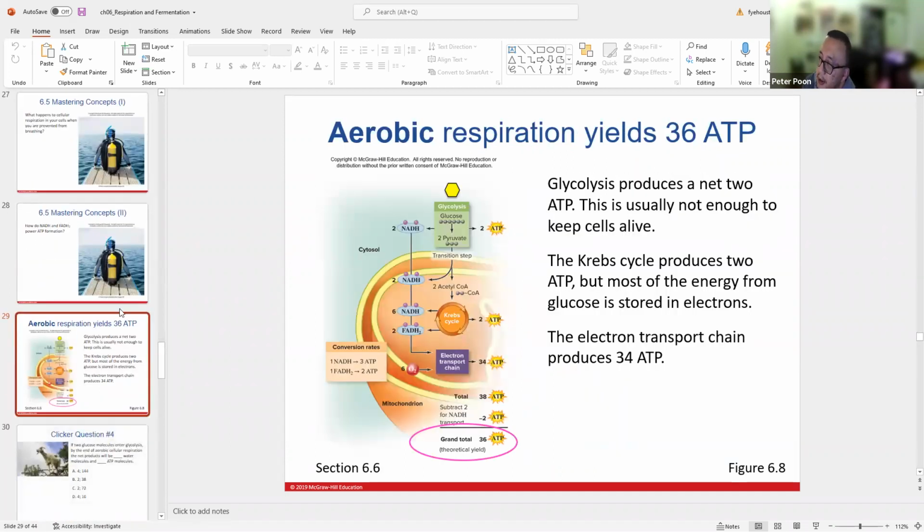So the grand total, if I add all these up, the conversion rates are 3 ATP for 1 NADH and 2 ATP for 1 FADH2, so I can generate a huge amount of ATP in the electron transport chain. This is the reason why the electron transport chain is important.